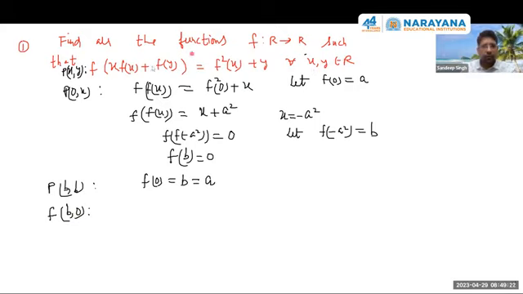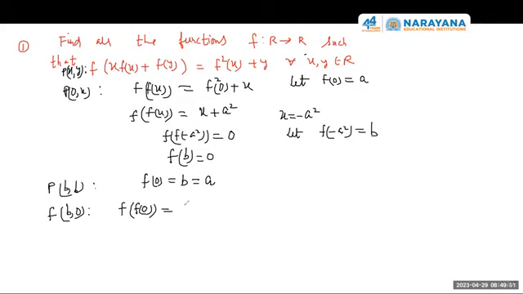So if I substitute P of b comma 0 in this equation, this is going to be f of 0, and this is equal to f square b, that is 0. So what was f of 0? We defined it earlier.